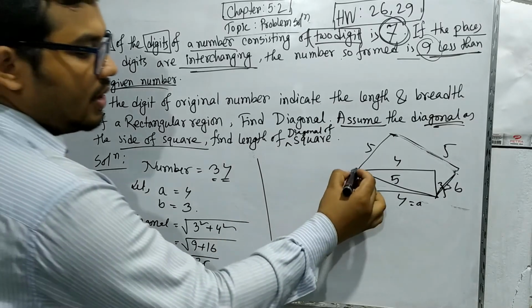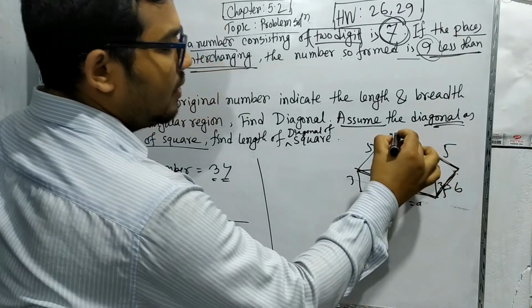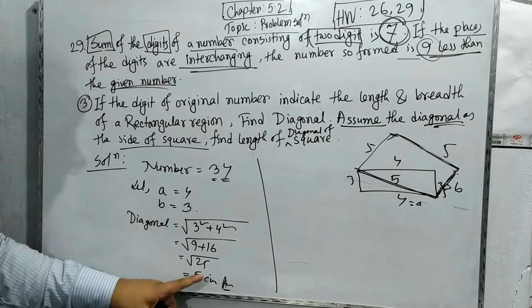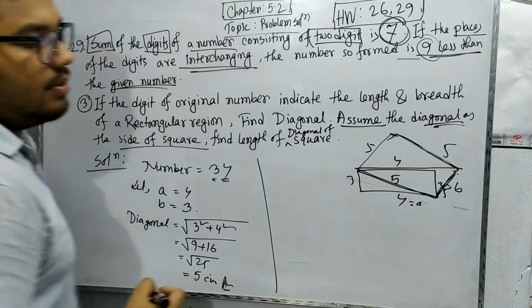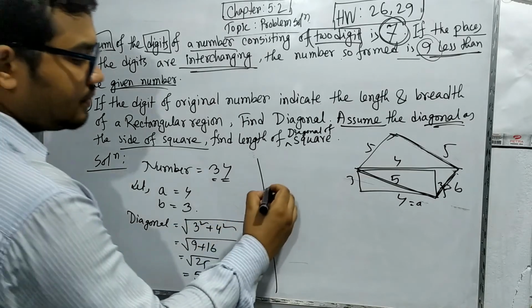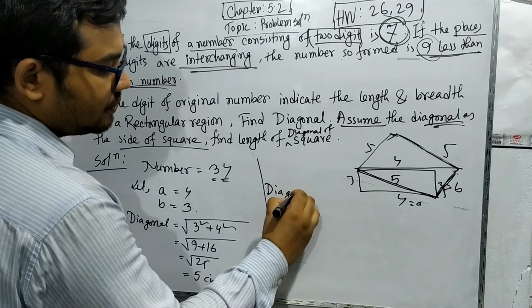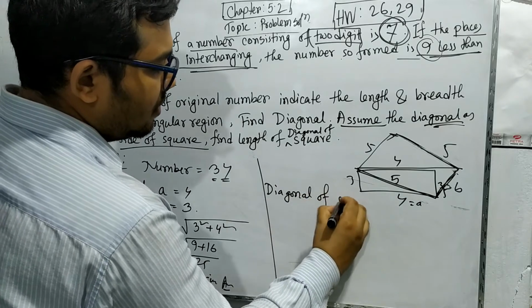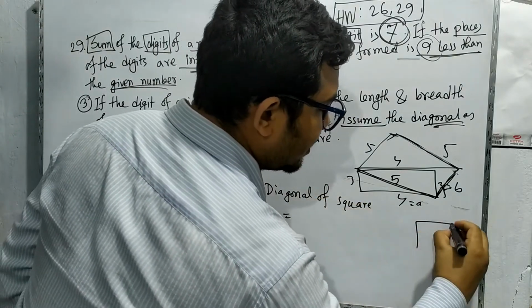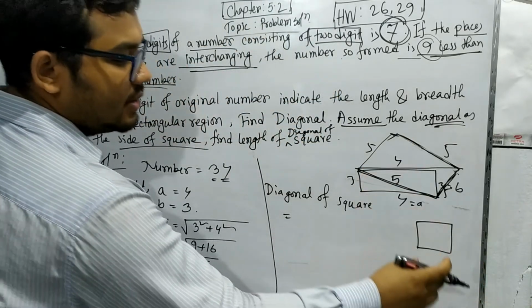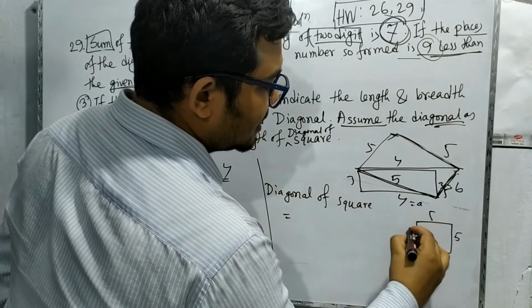So we already know this is the square where all sides are 5. So what will be the diagonal? Suppose this square looks like this, where every side is 5.